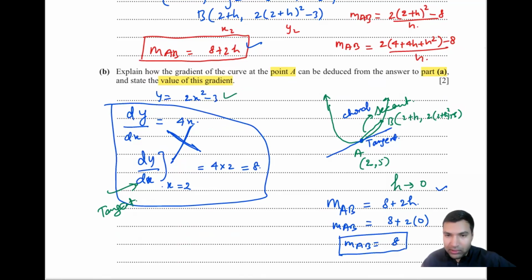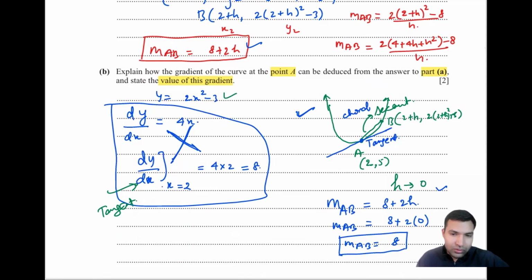And this is the actual meaning of finding the gradient, right? From secant, it becomes tangent when h is approaching 0, because we have to find it at a point. dy by dx is an instantaneous change. So think of A and B as an interval; it becomes an instant when B is very, very close to A. Say A is 1 second and B is 2 seconds.